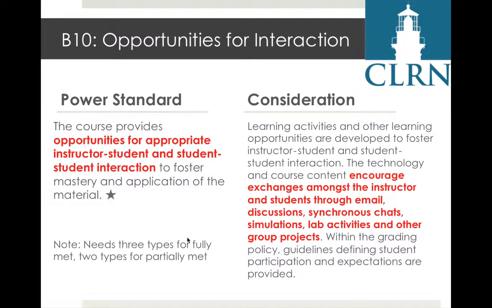Power Standard B10, Opportunities for Interaction, is vetted by CLearn Central. B10 expects that courses provide opportunities for instructor-student and student-student interaction. The consideration provides a variety of possible examples, including email, discussions, synchronous chats, simulations, lab activities, and group projects.